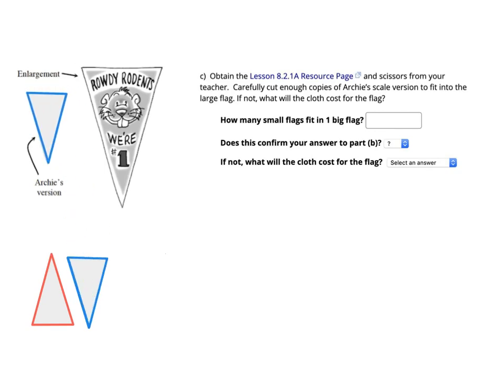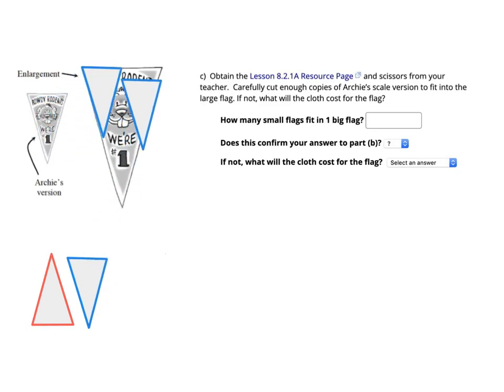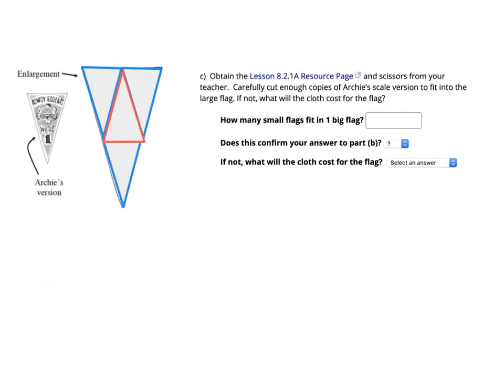So this triangle is the same area as the original flag, and I'm just going to cover up the new flag, the enlargement, and see how many of these small triangles it takes to fill it up. When I do that, you're going to see that it takes 1, 2, 3, 4 of the small flags to fill up the area of the new big flag. So it takes up 4 of them.